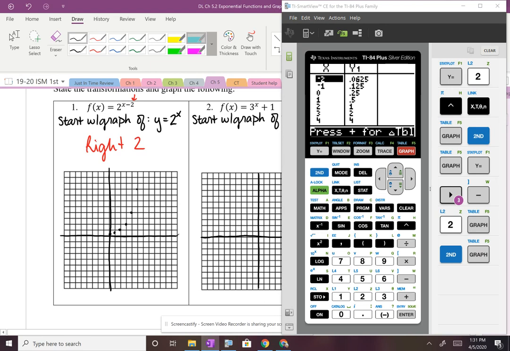And 5, if you needed to, it'd go 5, comma 8. Now again, this is going to go steeper and steeper on the right, and it's going to get closer and closer to 0 on the left. So we know our asymptote is still at y equals 0. Just pointing this out for later. It will never touch or cross 0, so we will never have a negative y value here.